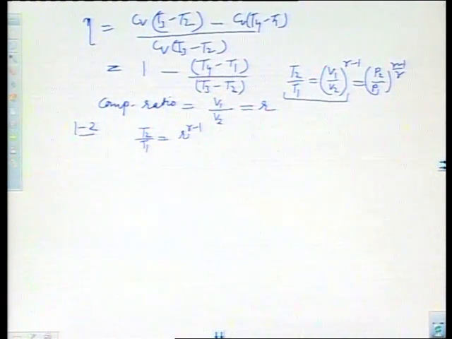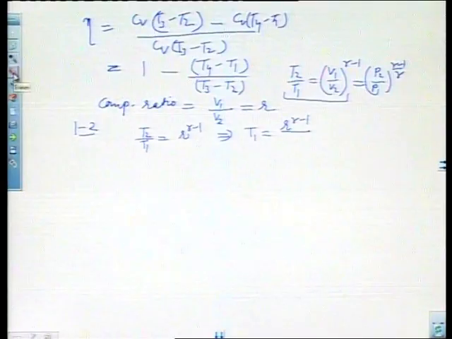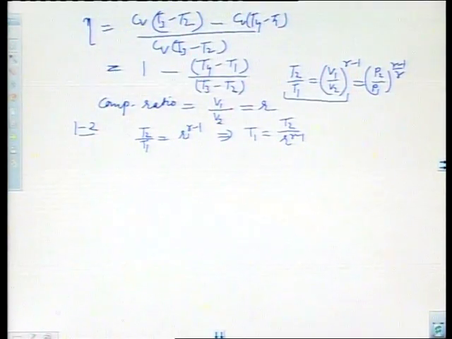So, T1 is T2 divided by R to the power gamma minus 1.